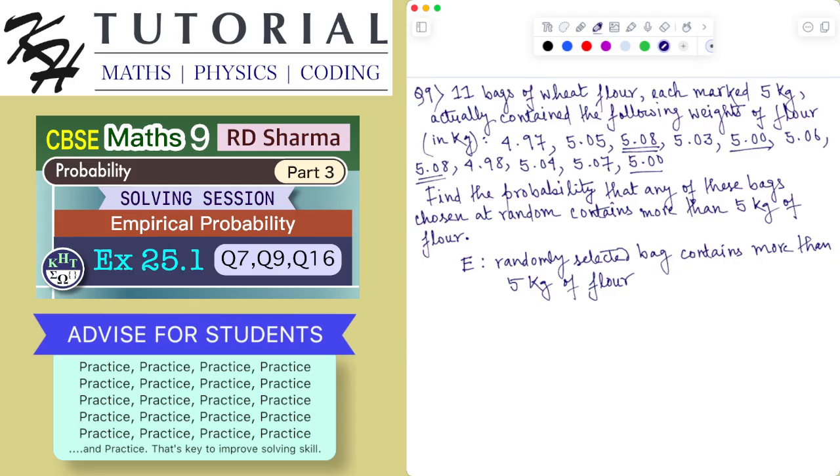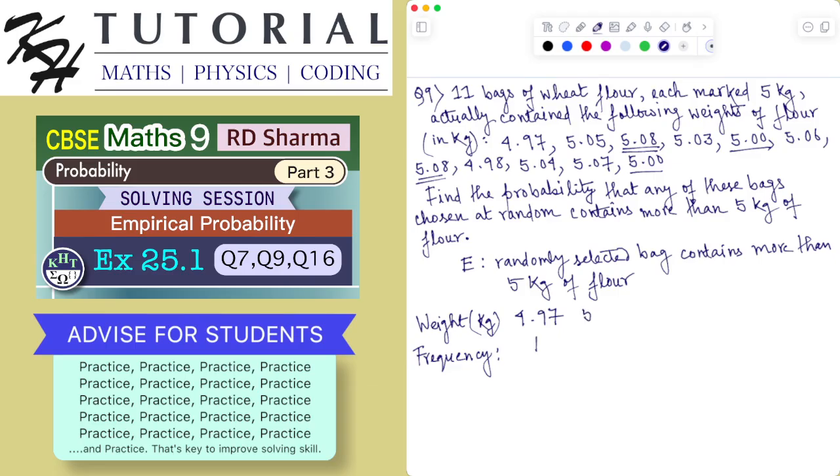So let's say if I create a table, weight in kilogram and frequency, for the weight 4.97, how many bags contain 4.97 kilogram of wheat flour? That is only 1.